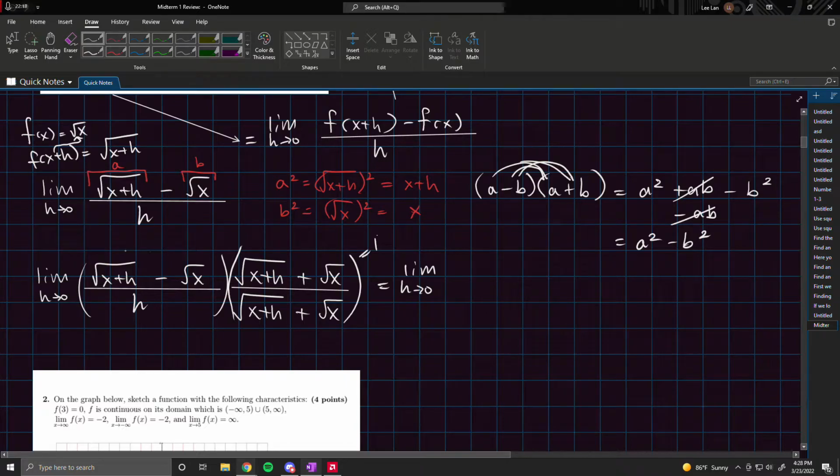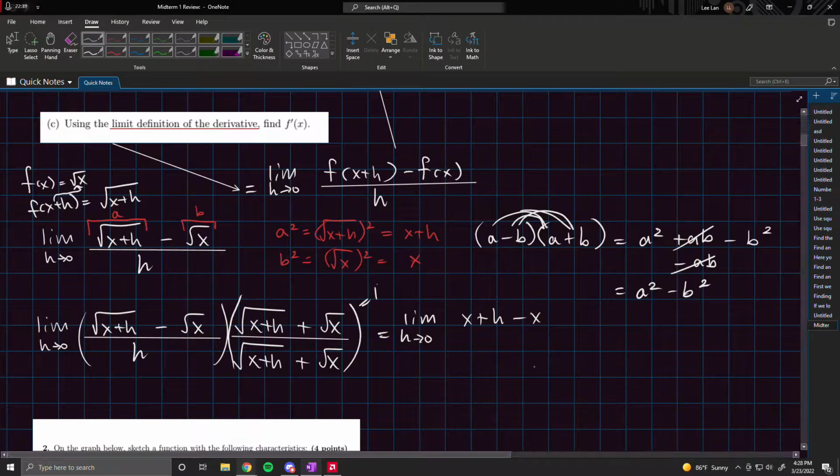You could FOIL everything out on top, but we already did the work here, so there's no shame in using the formula if it saves you time. So a squared, what we said is right here, x plus h, then minus b squared, minus x. And then the bottom is h times root x plus h plus root x.